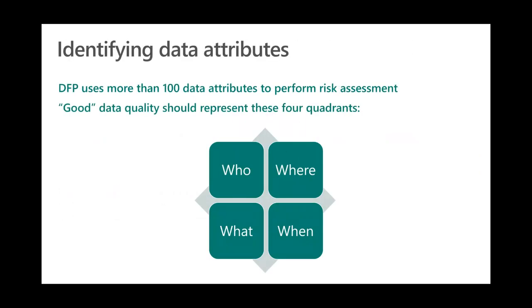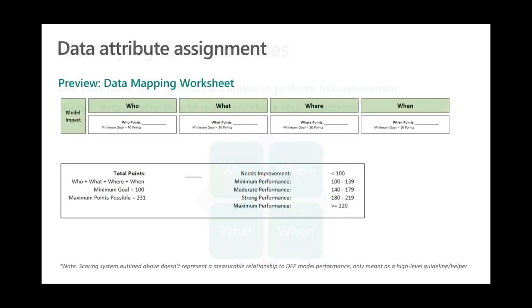We have a data schema of over 100 data attributes to let the machine learning model make the risk assessment. A good data set should have a balanced representation of these four quadrants: who, what, where, and when. Take customers' data attributes, do the calculation, and come up with a score.